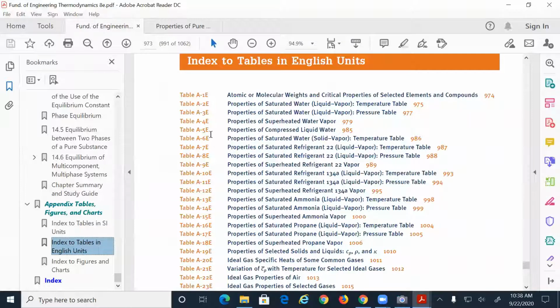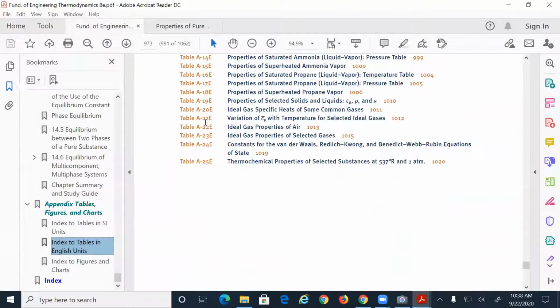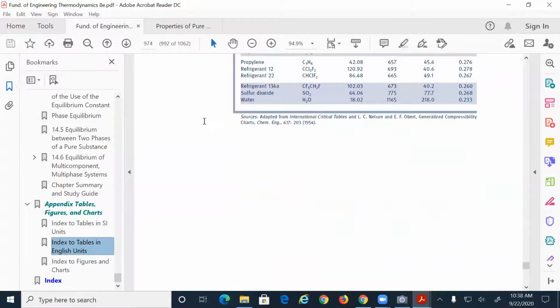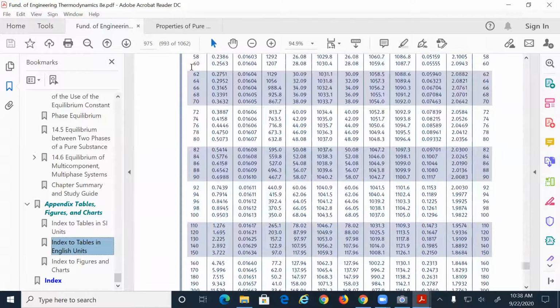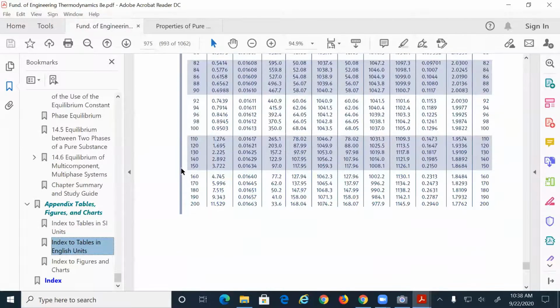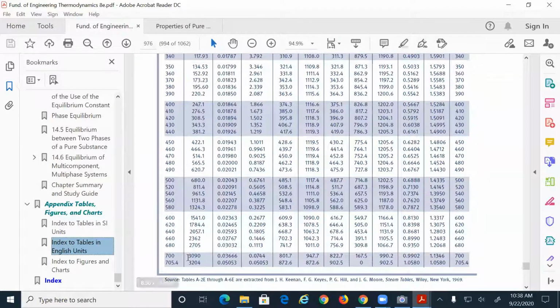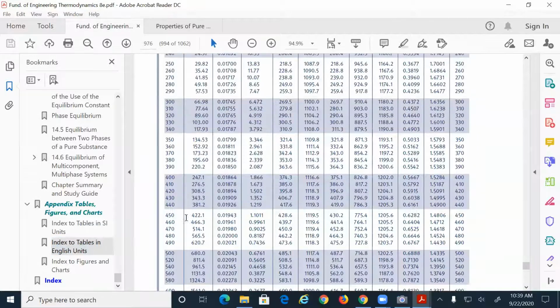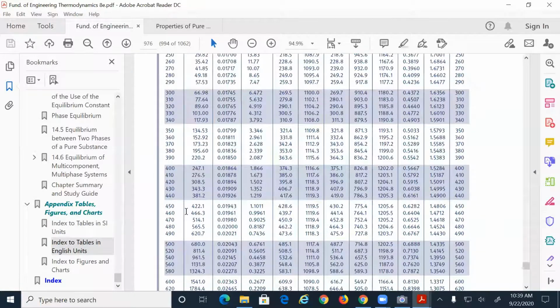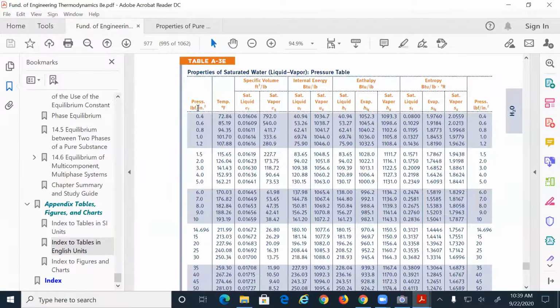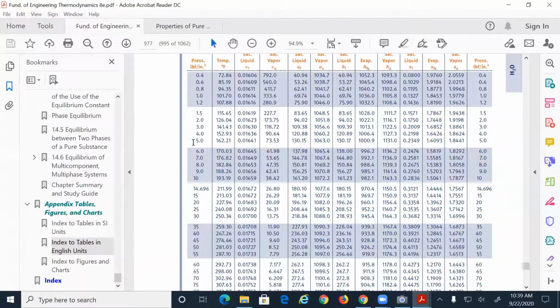So let's look at the pressure. That should be table A3E. This one gives you the temperature. Since we mentioned the pressure, let's go to table A3E, 700. So 700 is right here. Is that the pressure? Oh, still the temperature, sorry. This is the pressure, okay? PSI here, pound force per square inch. So we have 700.